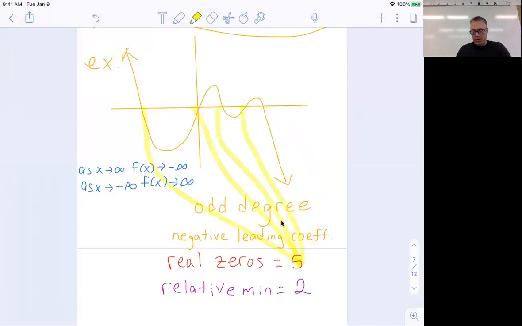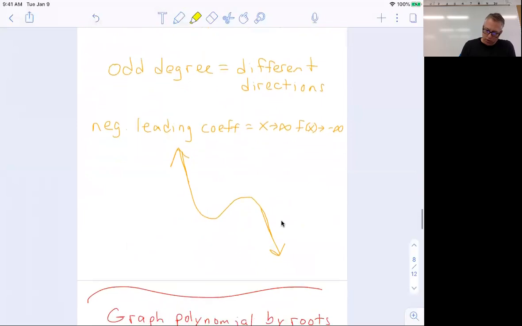Those x-intercepts are the zeros, or roots also, and we'll talk about that in just a second. And this has 2 relative minimums, one here and one there. It also has 2 relative maximums, one here and one here. So it has 4 extrema, which are relative mins or relative maxes. And those are all terms that we had worked on before.